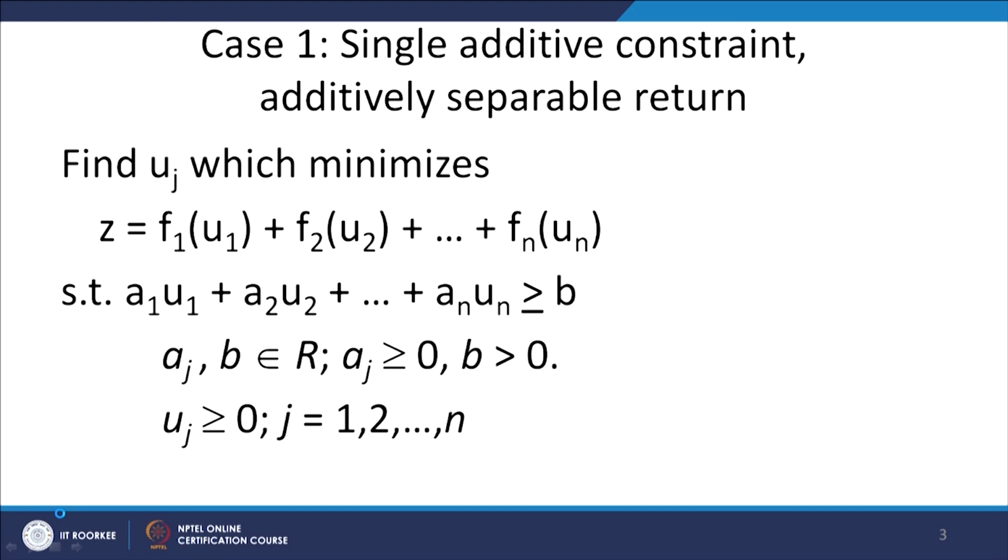Also the decision parameters uj are greater than or equal to 0, for j from 1 to n. So the decision variables, as you know, in a linear programming problem, are usually supposed to be greater than or equal to 0.